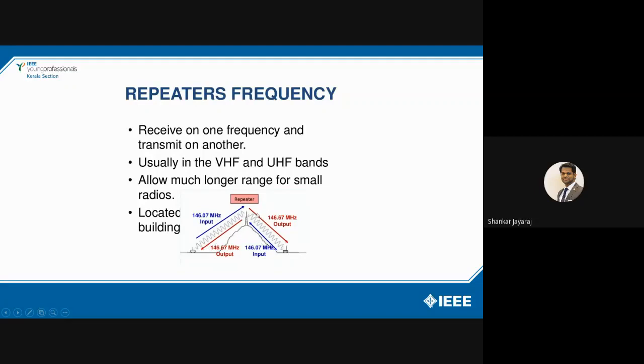The blue lines show the communication from this side, and the red lines show communication from this side. If the data is going up, we can call this upload, and if the data is coming down, we can call this download.